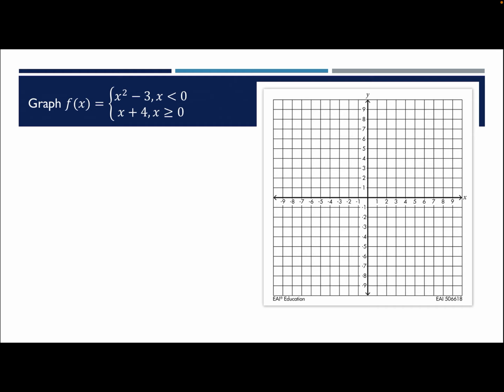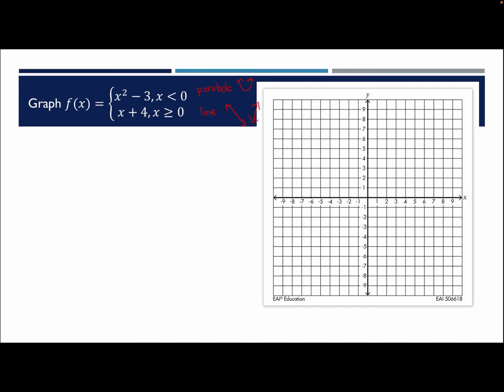So the x squared minus 3, we know that is a parabola, and all parabolas are going to look like this, more or less. And then x plus 4 is a line. The line is going to either go down to the right or up to the right.